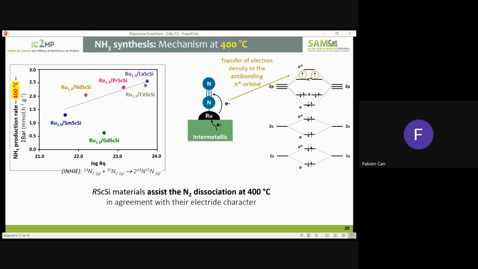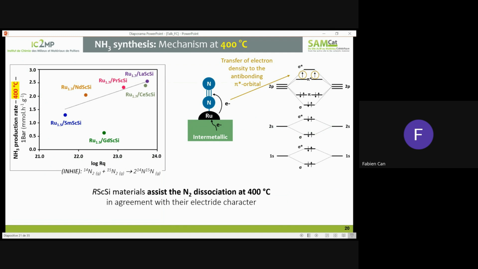Remember that this initial rate is a good indicator of the ability of the catalyst to perform the dissociation of N2. And we have a good correlation, except for the gadolinium, which is a different sample. I will speak about this one after. But we have a good correlation.